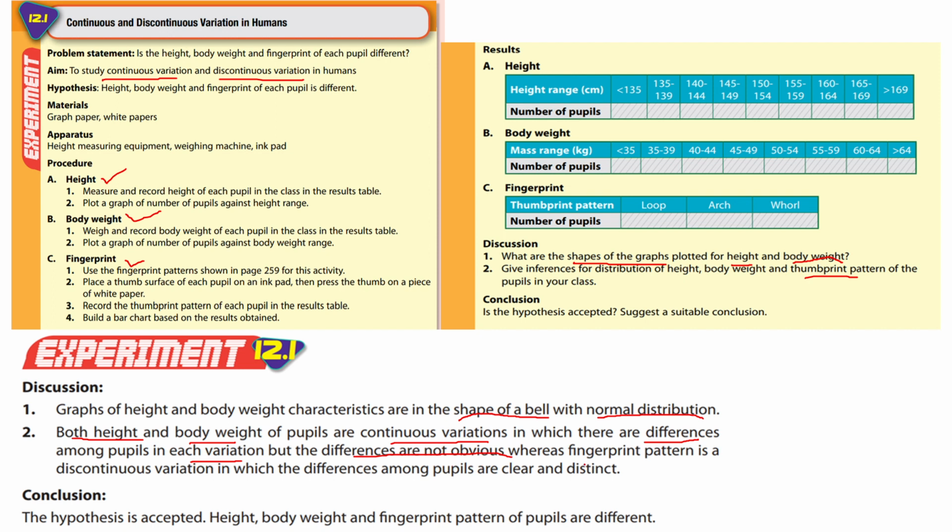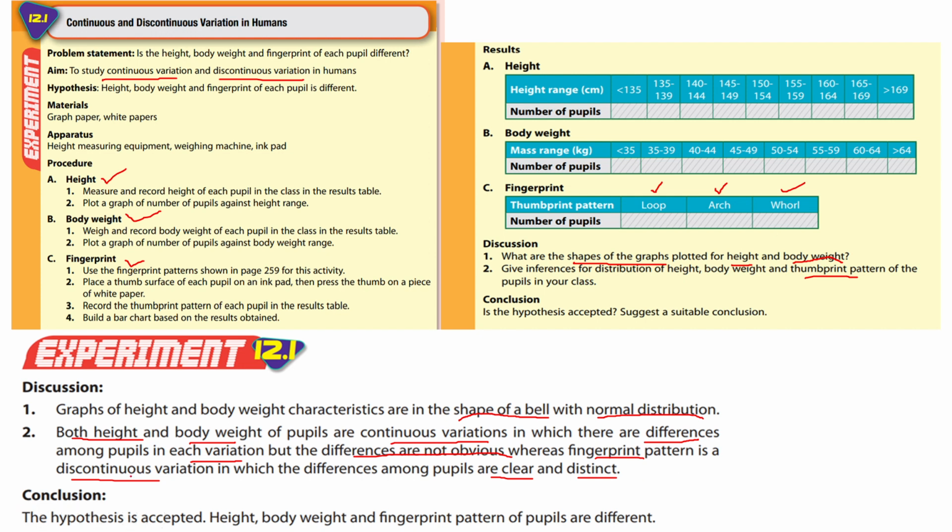But for fingerprint pattern, it is an example of discontinuous variation, in which differences among the pupils are clear and distinct. Okay, they are also qualitative. So for example, over here, the thumbprint pattern, whether the pupil has a loop or arch or whorl thumbprint pattern.